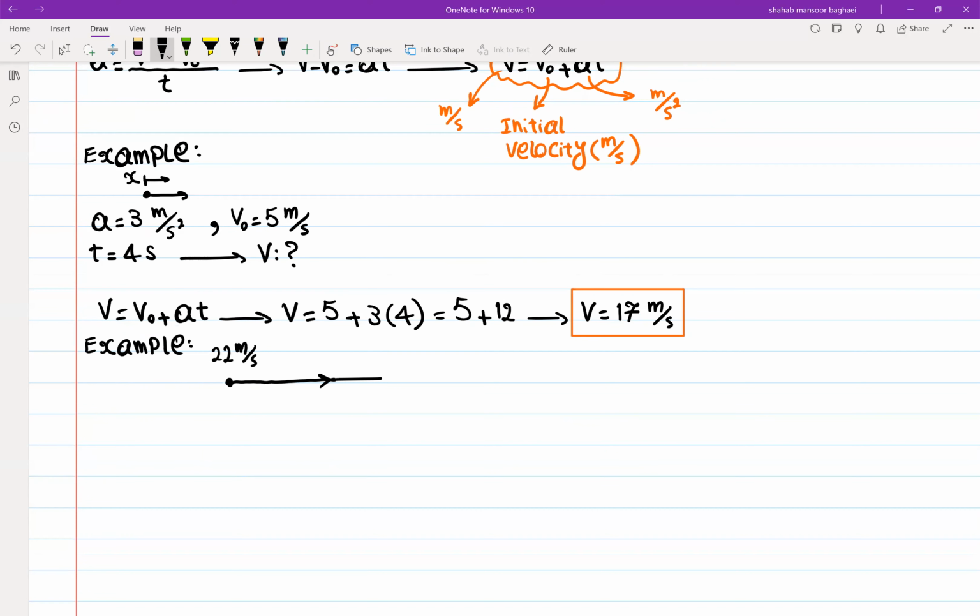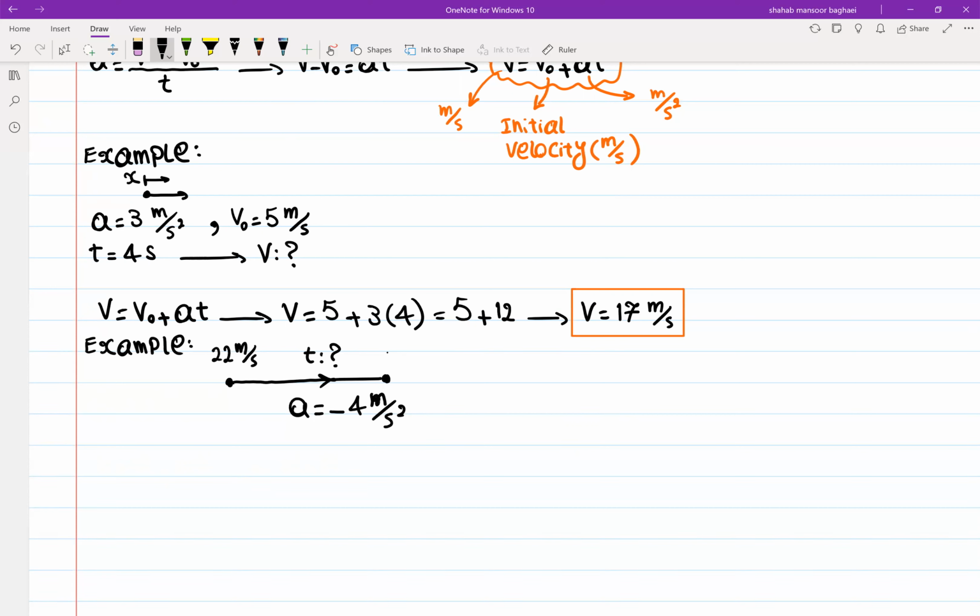Okay, if acceleration of this particle is minus 4 meter per second square, minus 4. That's negative. It means you should have decreasing velocity. What is the required time to stop this particle?